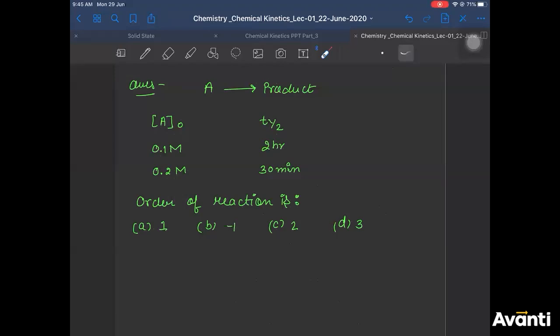You can see the poll on your screen now. You can start answering the poll. Ashu sir, please close the poll in 1.5 minutes.